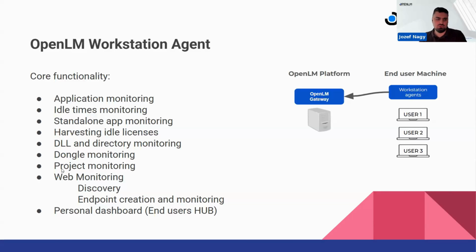We have also the option to monitor projects. So basically, how it works, you can create your own project, you can assign it to the people, and then when they run the application, they can choose from the projects they have been assigned, that okay, I will be working on project one, and all the usage from that specific session will be tied with project one or project B or project C, depending on what is needed.